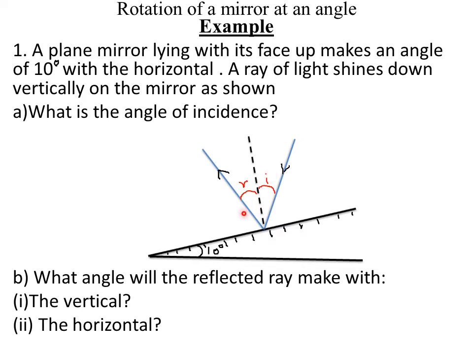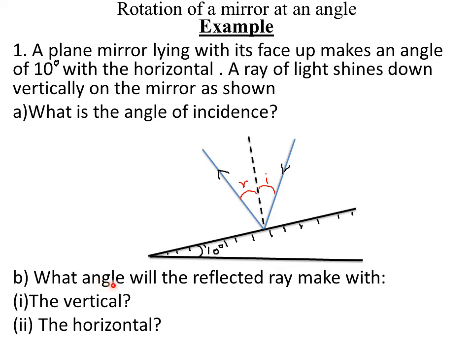So the angle of incidence will be 10 degrees, the reason being that i and the 10 degrees are vertically opposite angles. Remember, vertically opposite angles are always equal. So the angle of incidence in this case is 10 degrees.